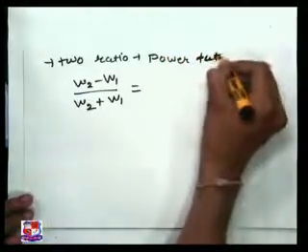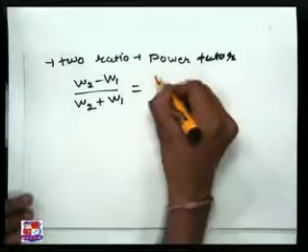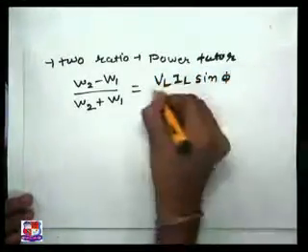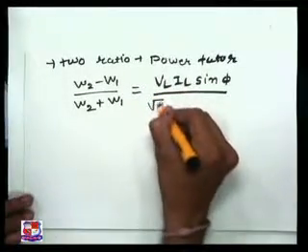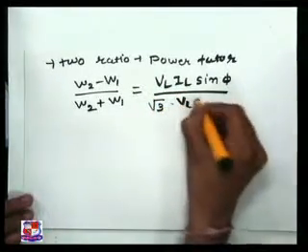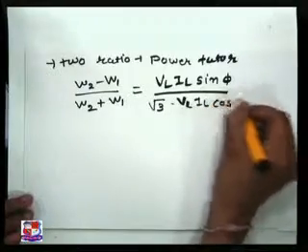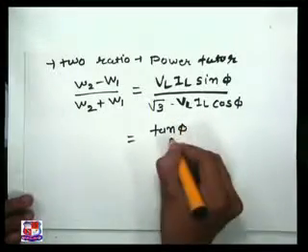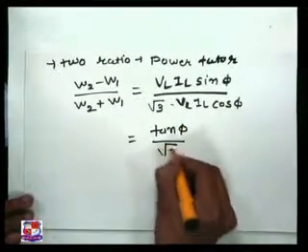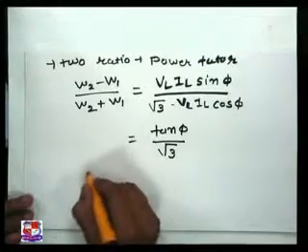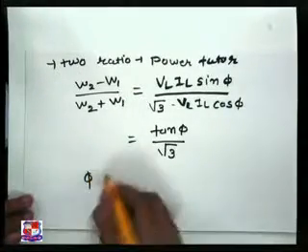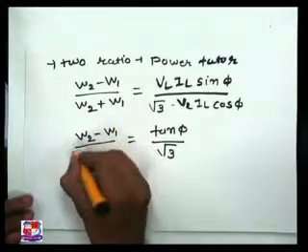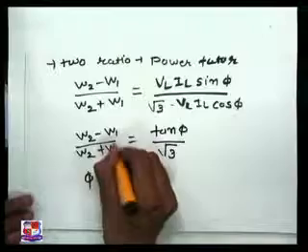Then we have VL IL sin φ upon root 3 into VL IL cos φ, which you can also call tan φ upon root 3. So in this, φ is our angle, equal to W2 minus W1 upon W2 plus W1.